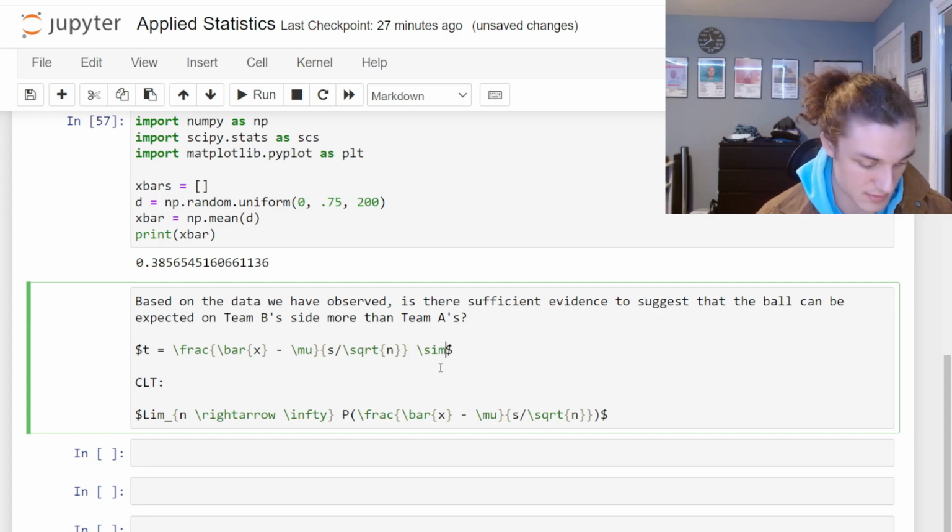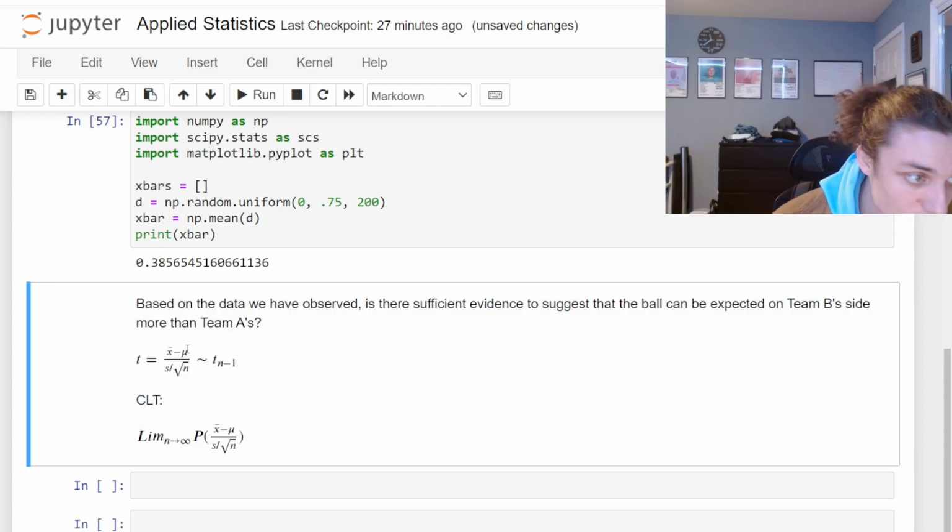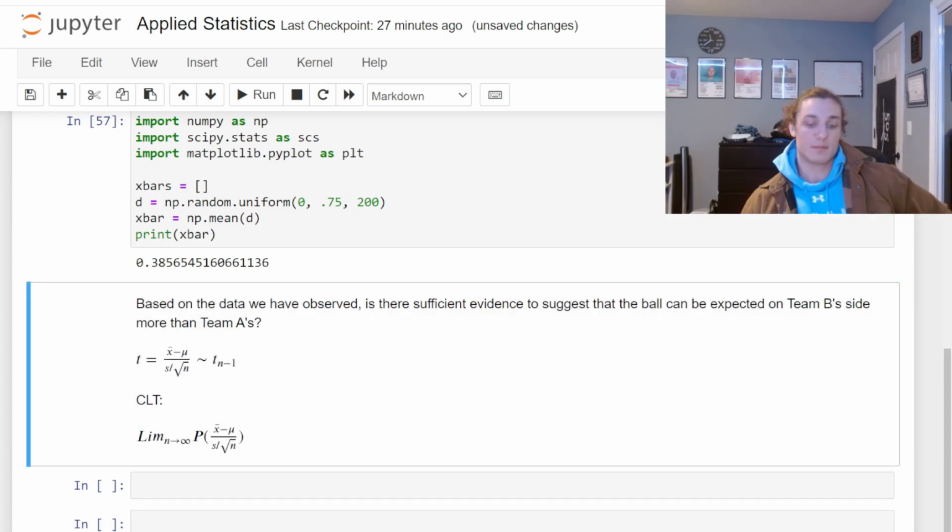This is distributed with a t-distribution, with degrees of freedom n minus 1. So this is an approximate distribution.